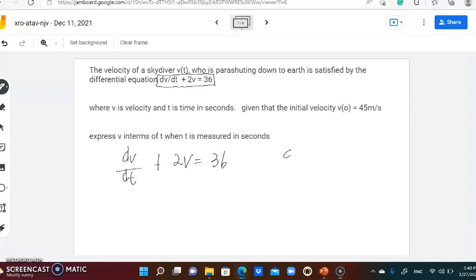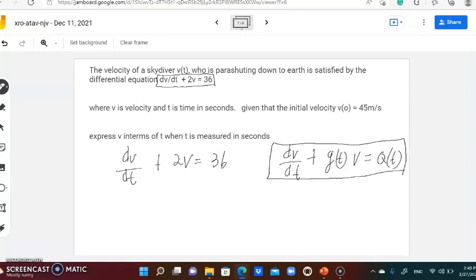So here we have dv/dt plus some function of t times v equals some other function of t.